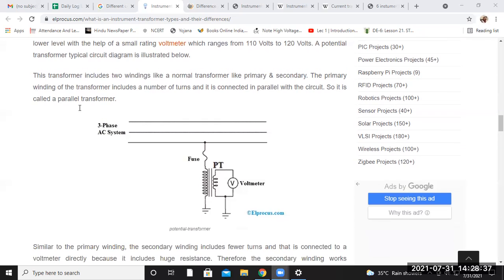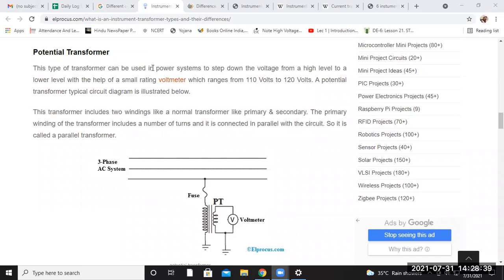That is what is written. You can see that this type of transformer can be used in power systems to step down the voltage from a higher level to a lower level with the help of a small rating voltmeter, which ranges from 110 volts to 120 volts. A potential transformer typical circuit diagram is given here.